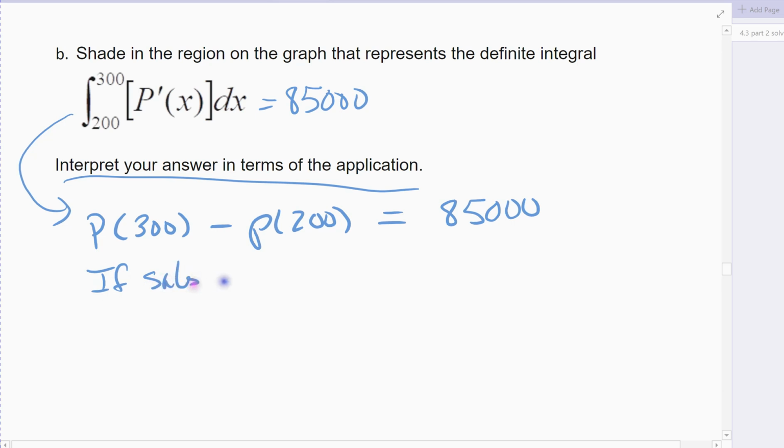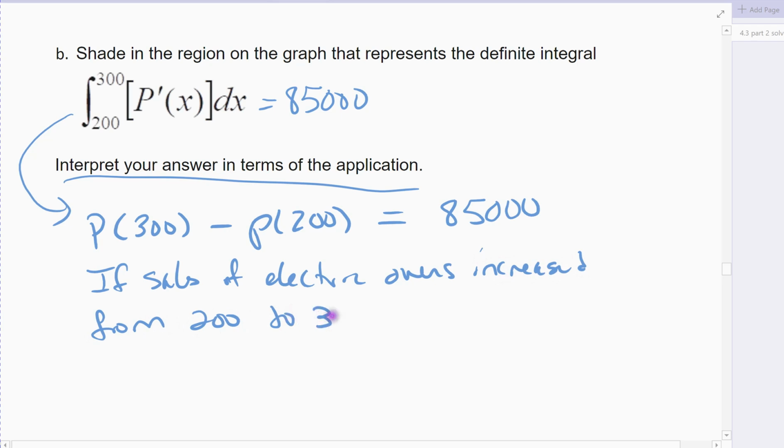So if sales of electric ovens increased from 200 to 300, then profits will have a net gain, net increase, however you want to word it.